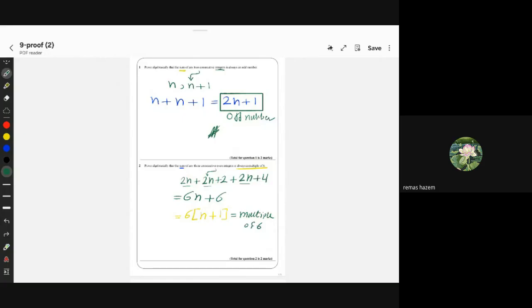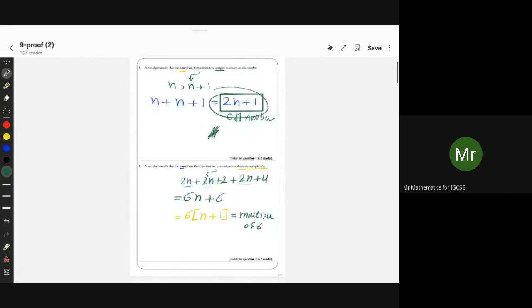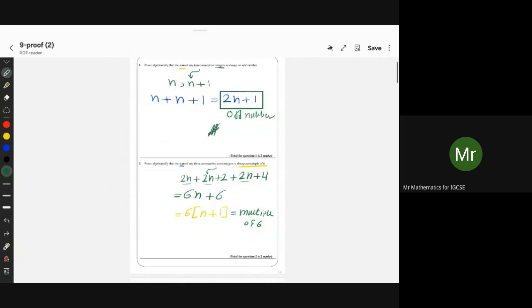Prove algebraically that the sum of any two consecutive integers is always an odd number. The sum of what? Integers. Here are two integers. We add them. When we add them, the answer is odd. Oh, if they said multiple, I use the odd number.